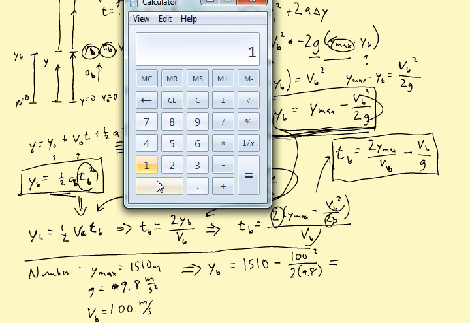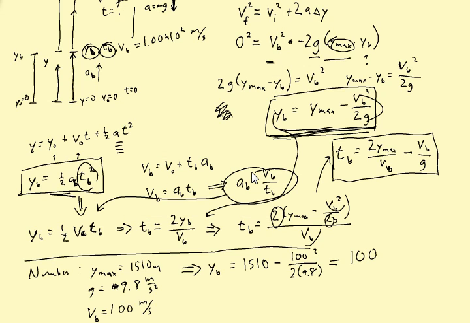Okay, so 100 times 100 divided by 2 divided by 9.8 equals that. So that's the second term there. Make it negative, plus 1,510. Wow, that's almost too convenient. That's 510, and that's going to equal 999 point something. So we're just going to call it 1,000 meters was y at burnout.